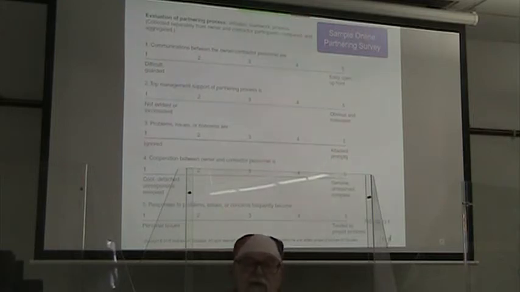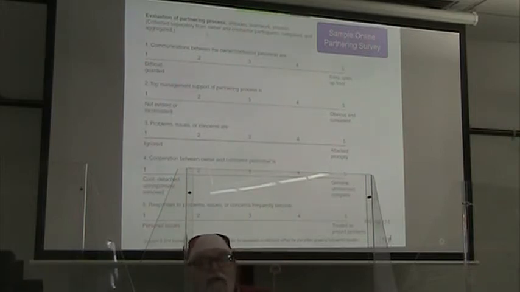So this is an evaluation of the partnering process, the attitudes, teamwork, process, and this is collected separately from the owner and contractor participants, and we compare and aggregate those.